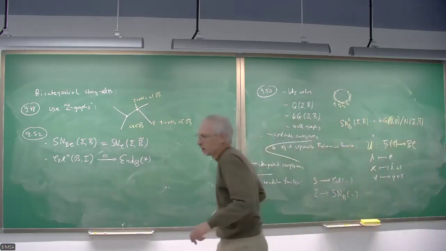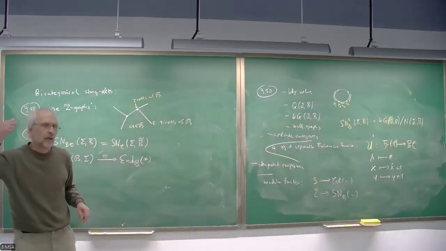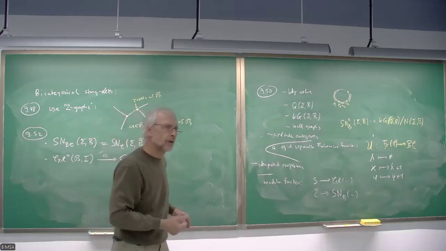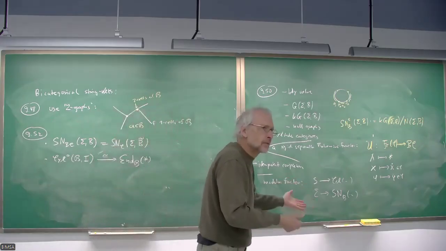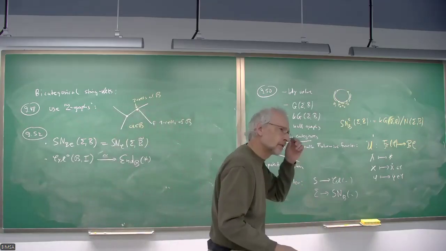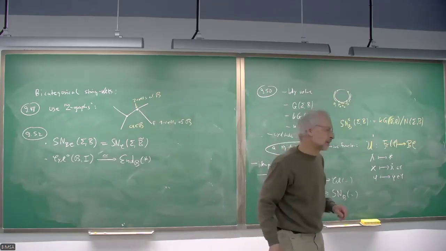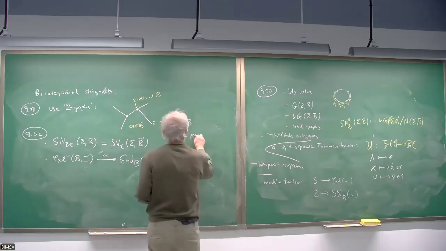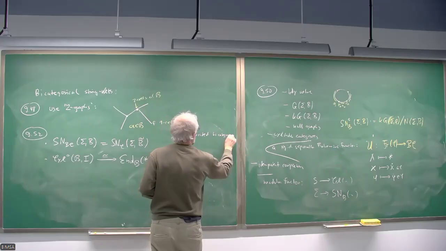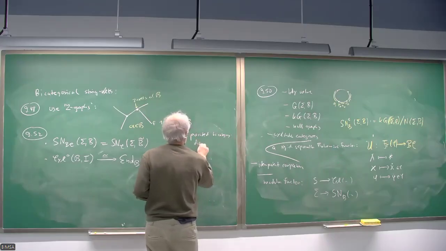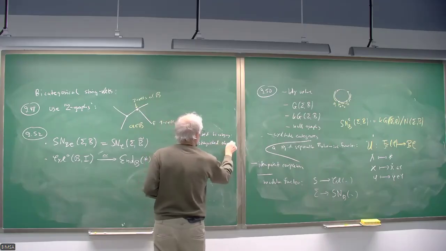I said that we need our bicategory to be strictly pivotal. I didn't say strictly before, but we can strictify it. But then I also said pointed. And this requires that there is a distinguished object.